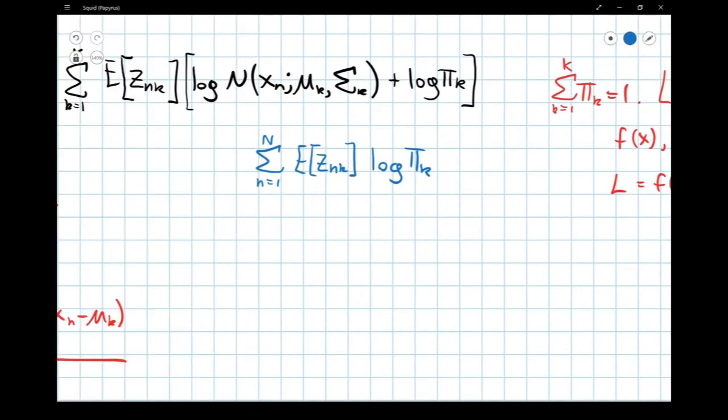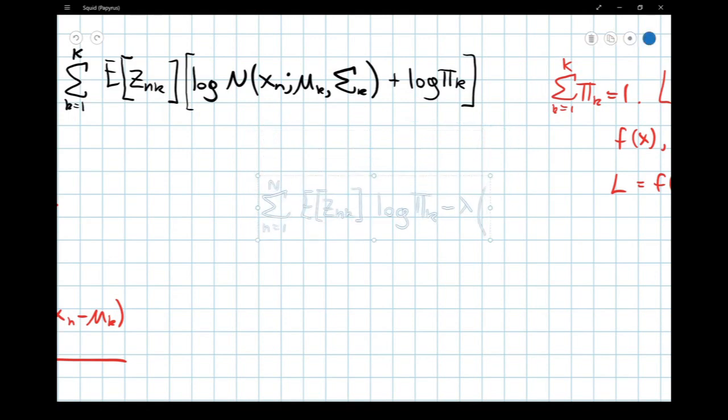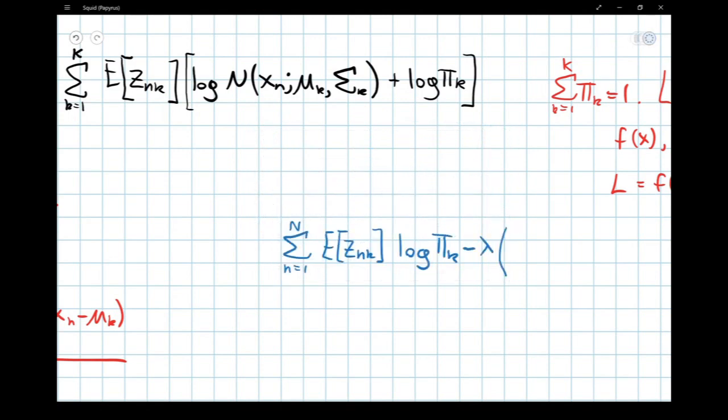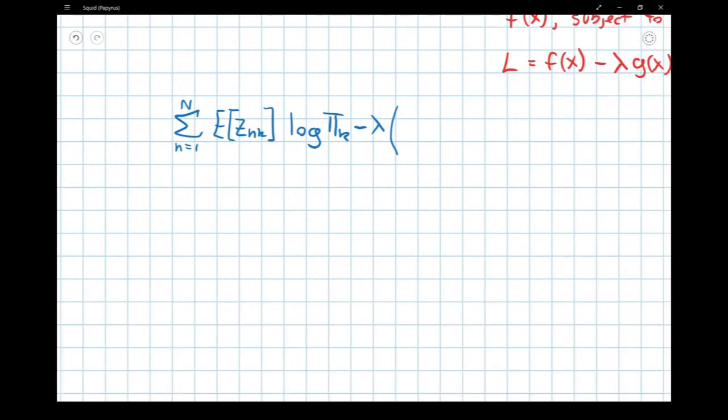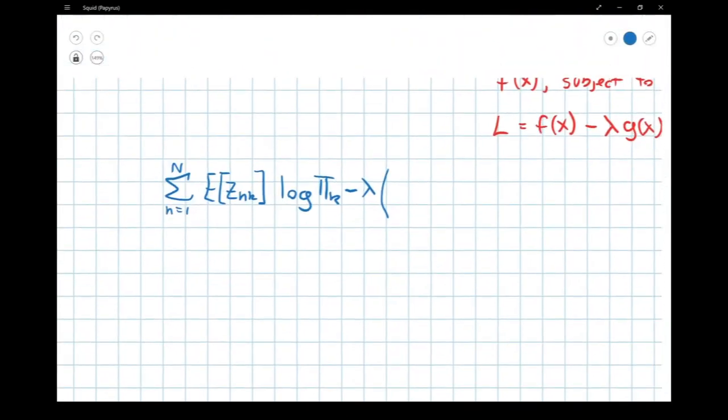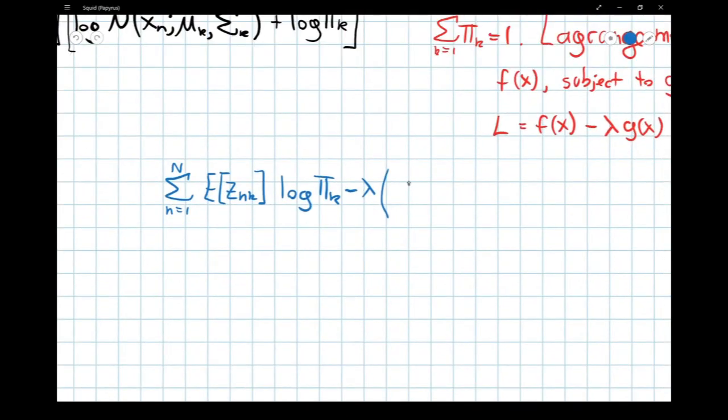So we're going to write this down as being the thing we want to minimize minus our Lagrange multiplier, times our constraint, which is the summation over k of pi k minus 1 is equal to 0.